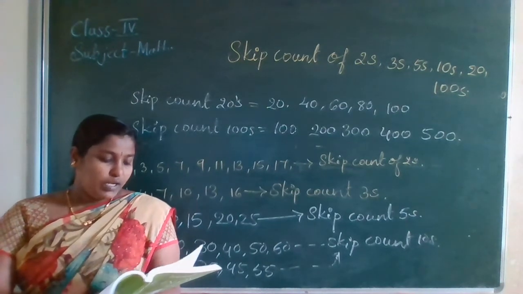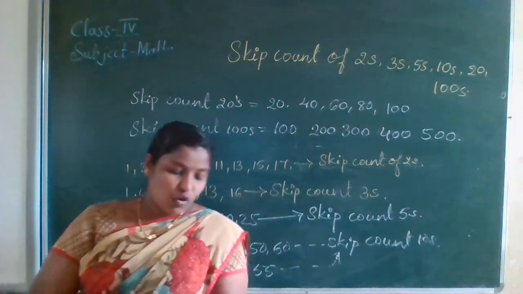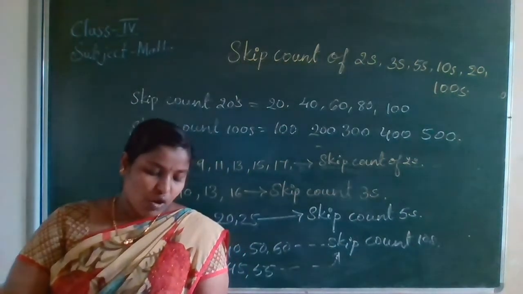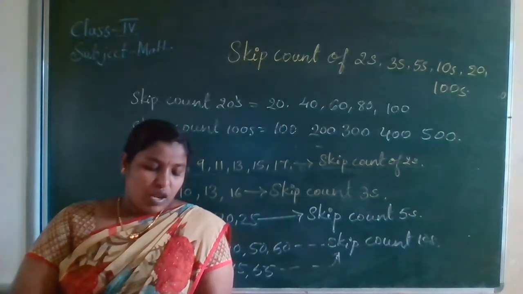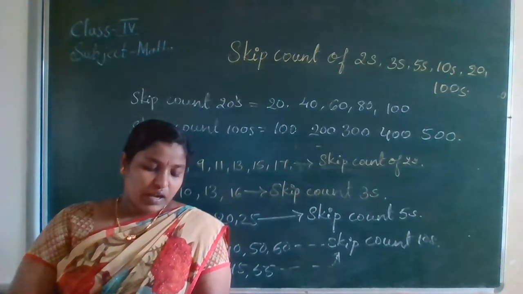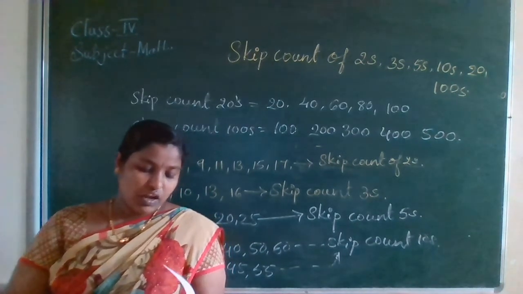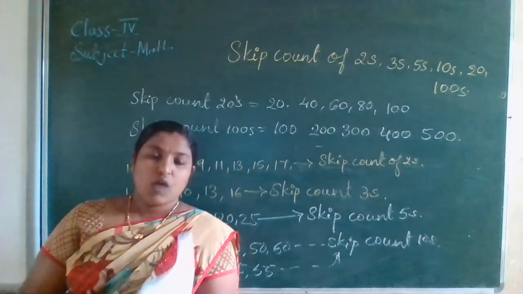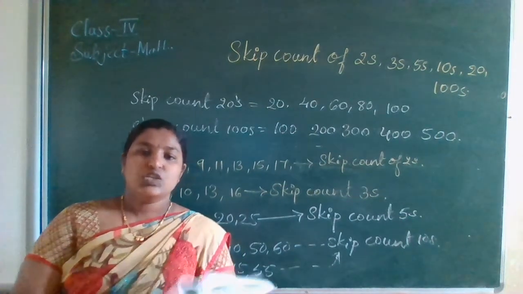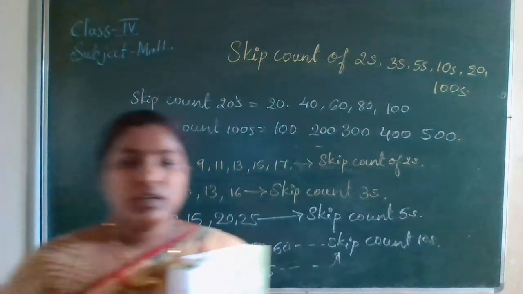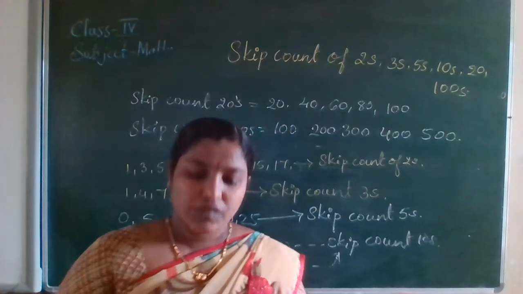Next, mental math. Which of the following is the successor of 11,999? After 11,999, what will come? How will you identify it? Just add 1 to it. That will become the successor of that number.